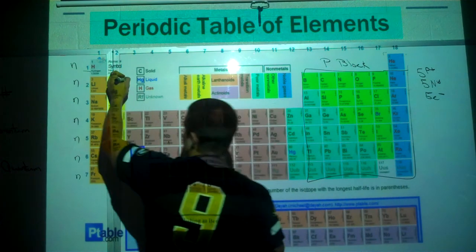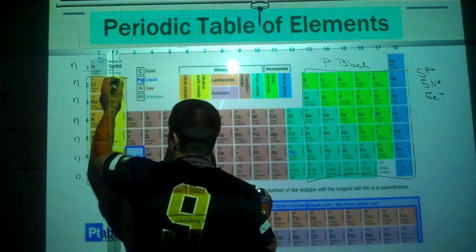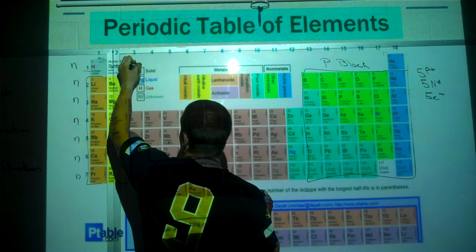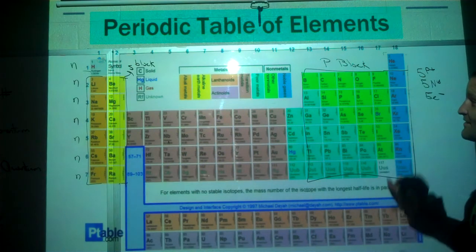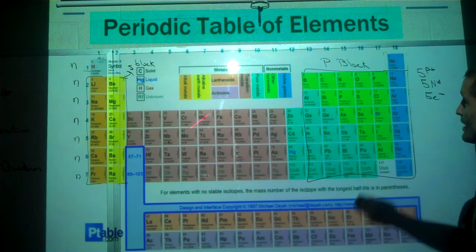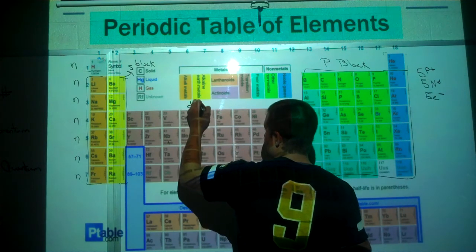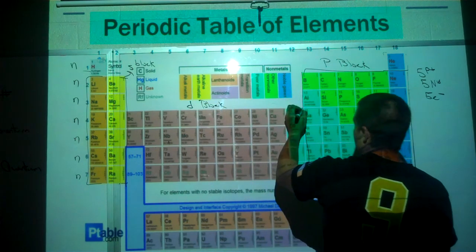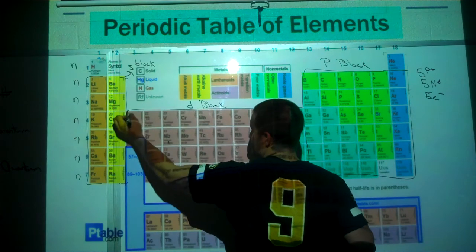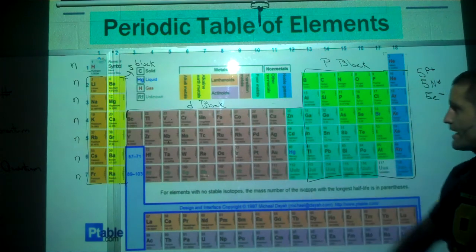This here is the S block. All of these react the same because they have the same number of valence electrons. These are the S blocks, these are the P blocks, and these are the D blocks. We don't really worry about this. The transition metals and this one here, we're not really worried too much about the D blocks. These are the D blocks.